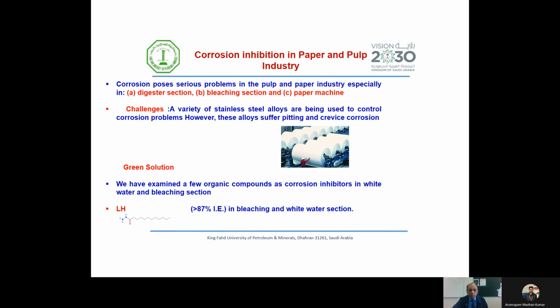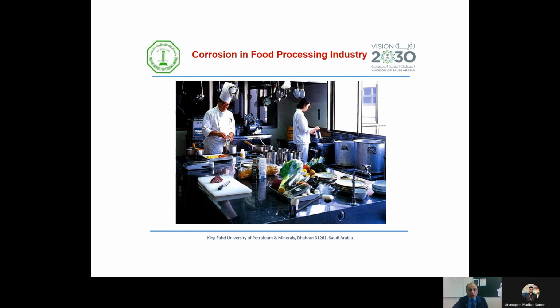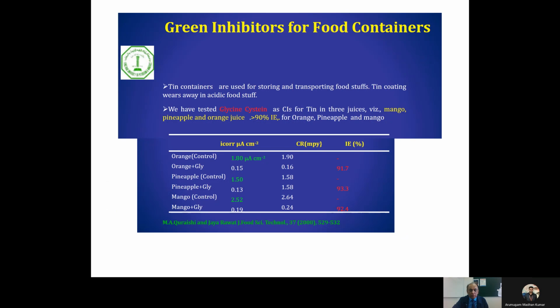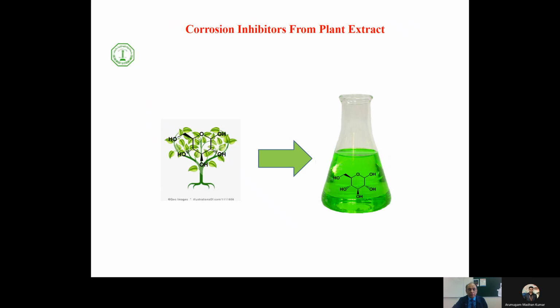We have also used corrosion inhibitors for the paper pulp industry, namely lauric hydrazide, which was found to be very good in the paper pulp environment. For the food industry also we have developed inhibitors for corrosion protection of tin containers in contact with orange juice, pineapple and mango. We use glycine as a corrosion inhibitor and found more than 90% efficiency.